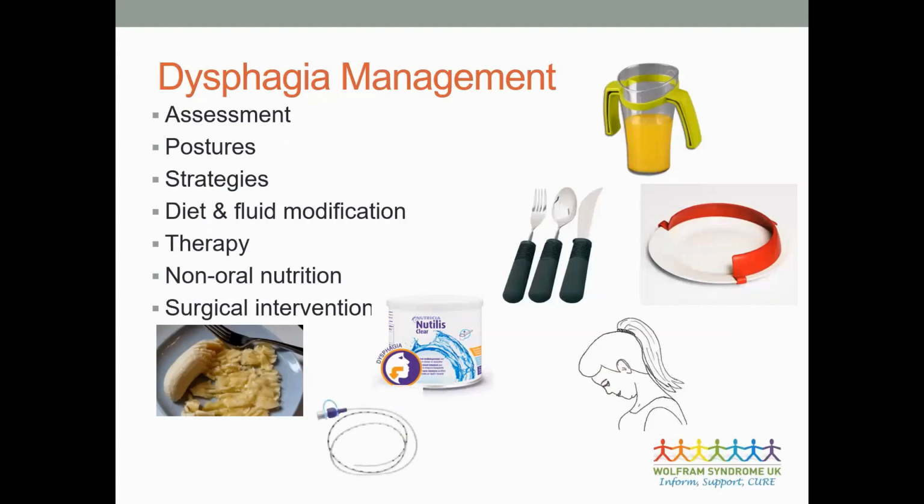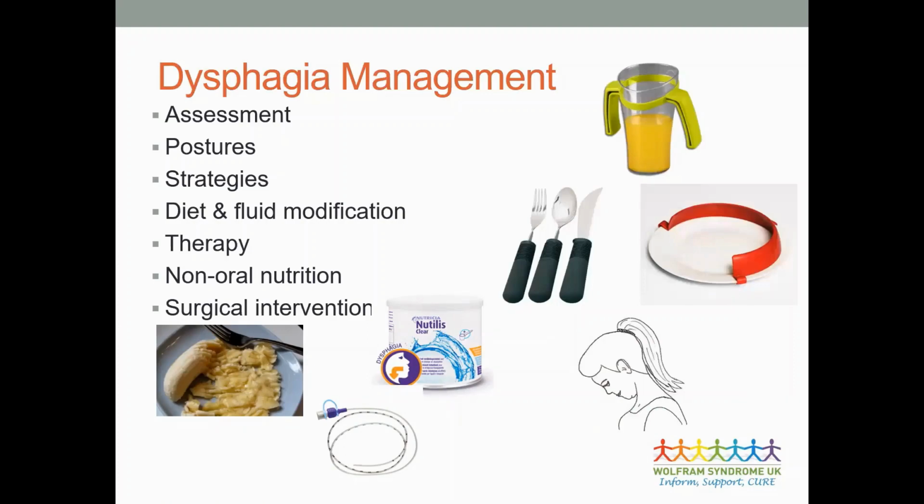Okay, so if swallowing is a very acute problem or something that's persisting for a little bit longer and somebody isn't able to manage the nutritional requirements through food and drink, we can look at non-oral nutrition. So this is something that nutrition nurses and dietitians will be involved with, and they look at tube feeding.